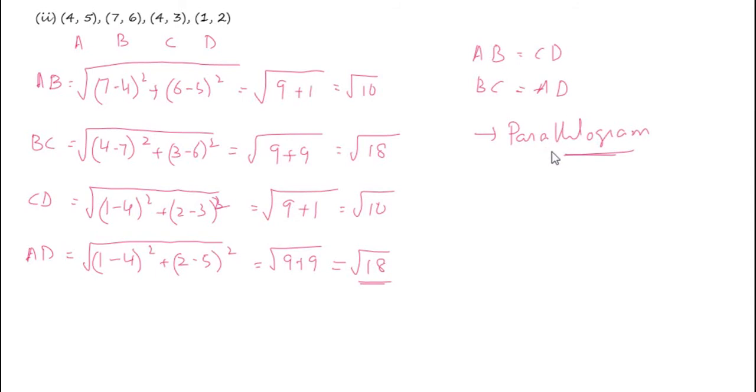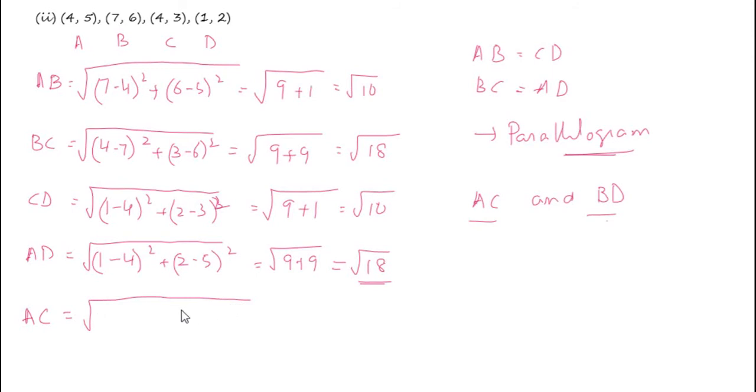Now let us see whether this is a rectangle too. The diagonals are AC and BD. If the diagonals are equal, then this parallelogram is a rectangle. Otherwise it is just a parallelogram. Let us find out the diagonals. AC. So A is x1 y1, C is x2 y2.